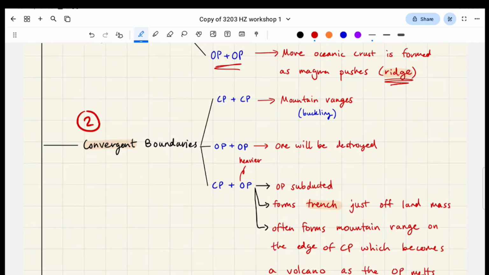So when it tries to buckle, it generally doesn't create mountains under the ocean. What happens is this literally just gets destroyed, particles fly everywhere. Essentially nothing of any geological significance happens here, no new types of rocks form. Rock just gets destroyed during this process, right?